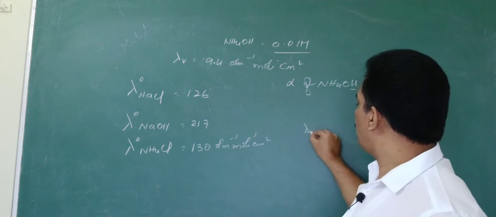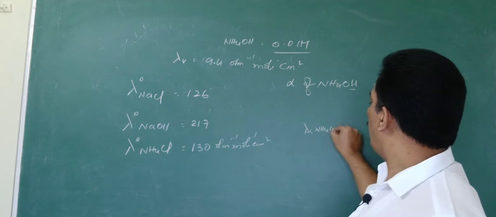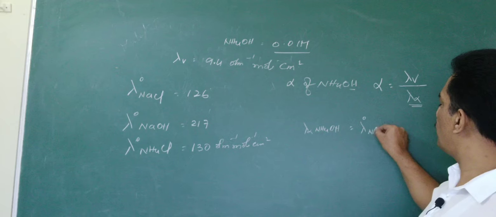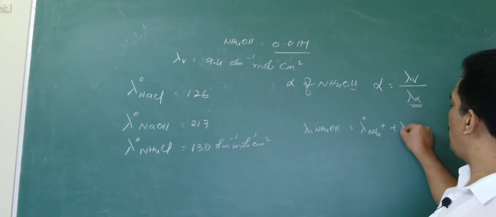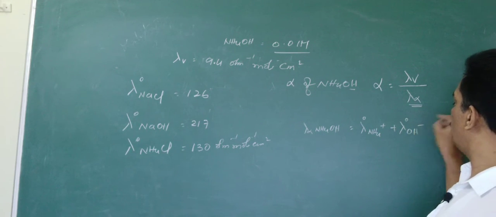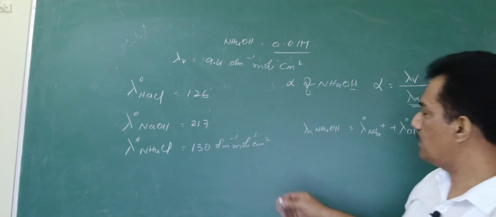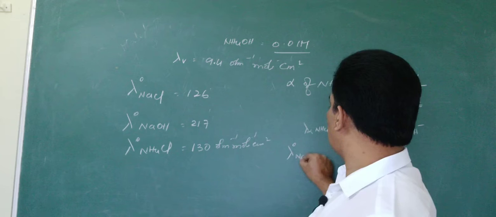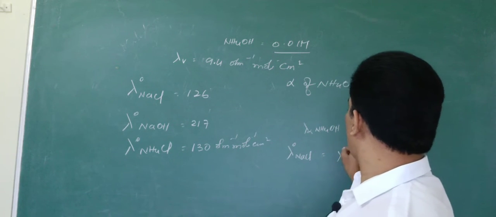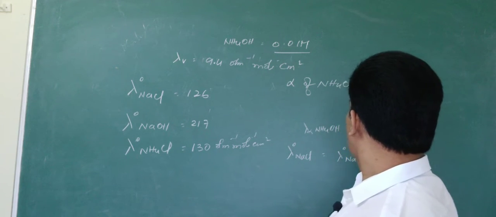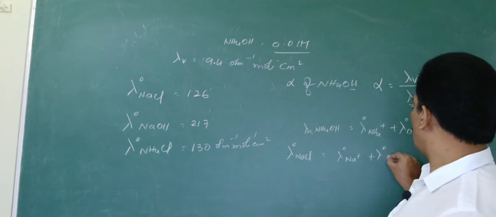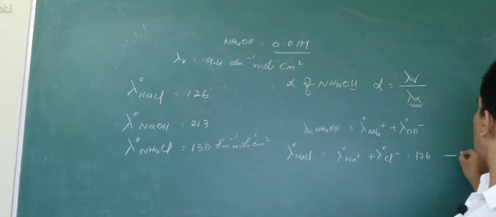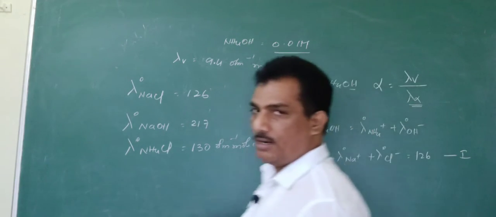Lambda infinite of NH4OH is lambda naught NH4 plus plus lambda naught OH minus. We require these 2 ions. We have the data: lambda naught NaCl, which is lambda naught Na plus plus lambda naught Cl minus, equal to 126, equation 1.